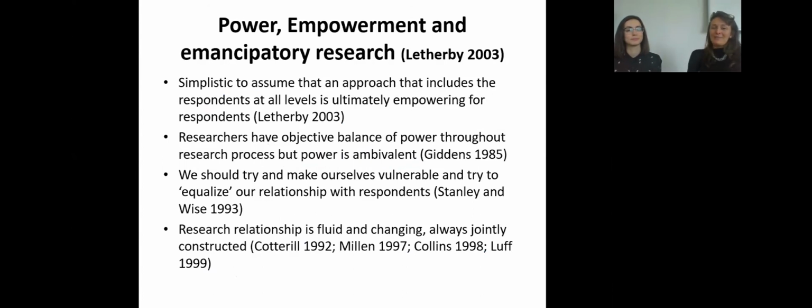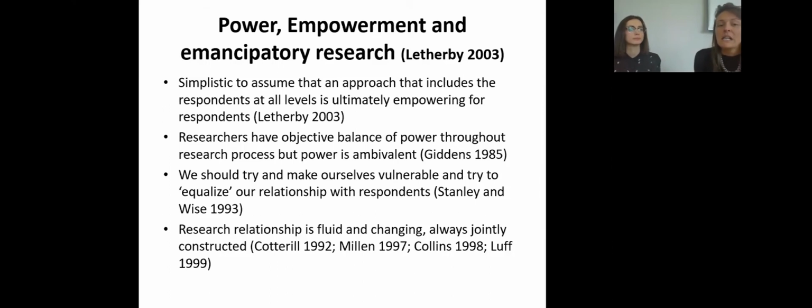So, some of these themes may have come through in me talking around the previous slides, but just to really put centre stage that participatory research methods have at their heart these themes and issues around power, empowerment, and being emancipatory. However, there are caveats to this idea that all participatory research methods all the time empower respondents.